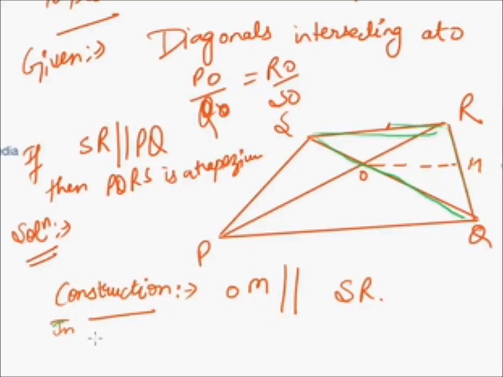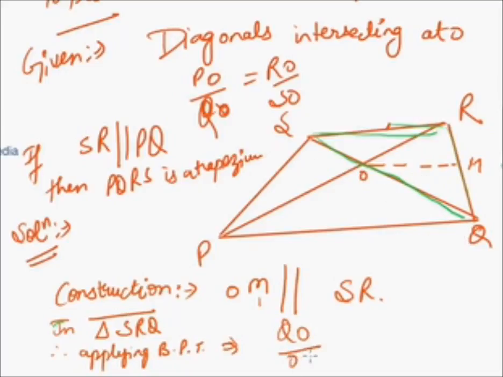In triangle SRQ, since OM is parallel to SR, therefore applying basic proportionality theorem, we get QO over OS equal to QM over MR. Let it be equation 1.